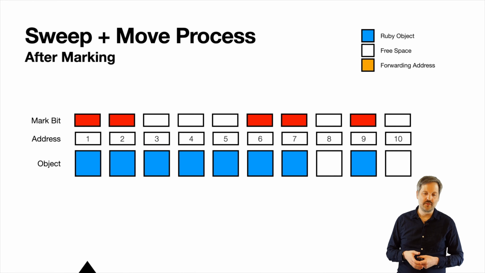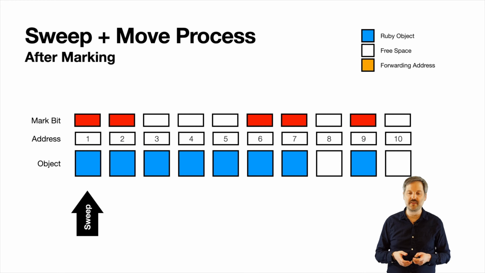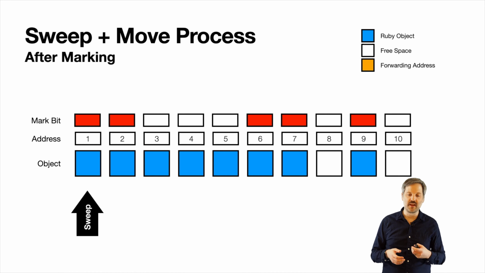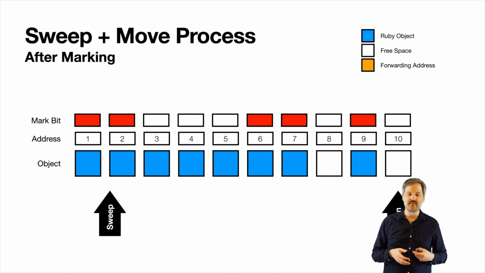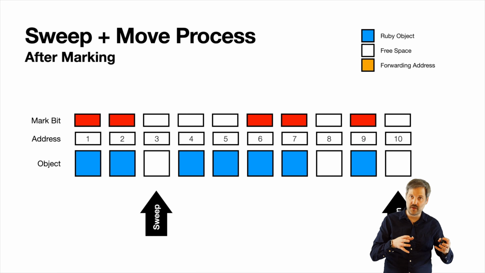Okay, so now let's look at how we can combine this sweep phase along with the movement phase. The sweep cursor looks very, very similar to our free cursor, so we should be able to combine these processes. First, we had a scan cursor at one side of the heap, just like we had in the original compaction algorithm. And then the sweep step remains exactly the same, but instead of freeing an object, we know that this slot is empty.